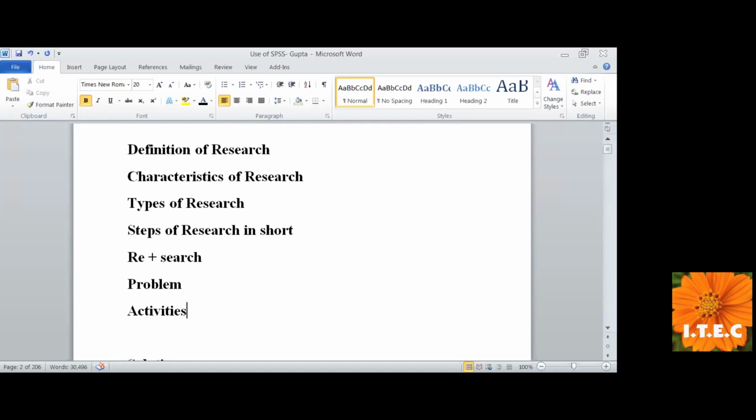See how many activities you are doing. So whenever there is a problem and you want to find the solution, you have to do different activities. And when you are doing these activities, you cannot do them in any fashion you like. You have to do it in a particular sequence.